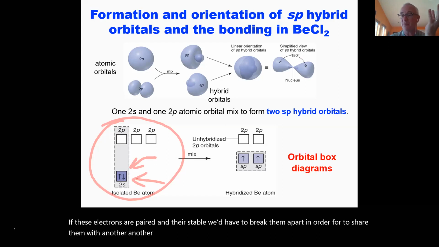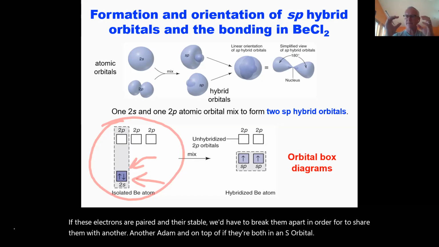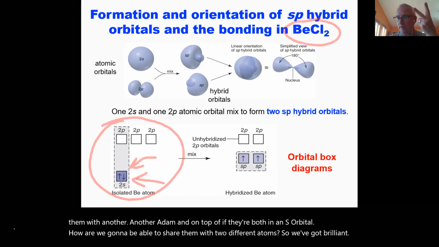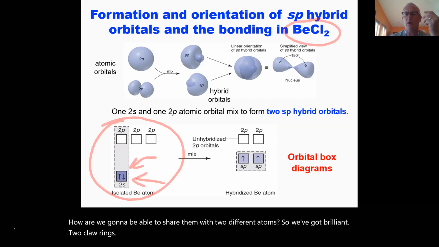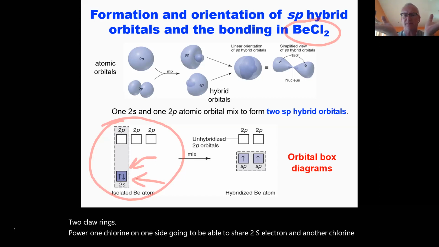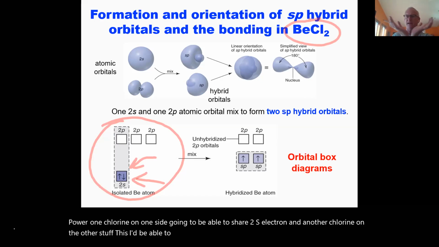And on top of that, if they're both in an s orbital, how are we going to share them with two different atoms? So we've got beryllium and 2 chlorines. How is one chlorine on one side going to share a 2s electron, and another chlorine on the other side share the other one? That's not going to have very good overlap.